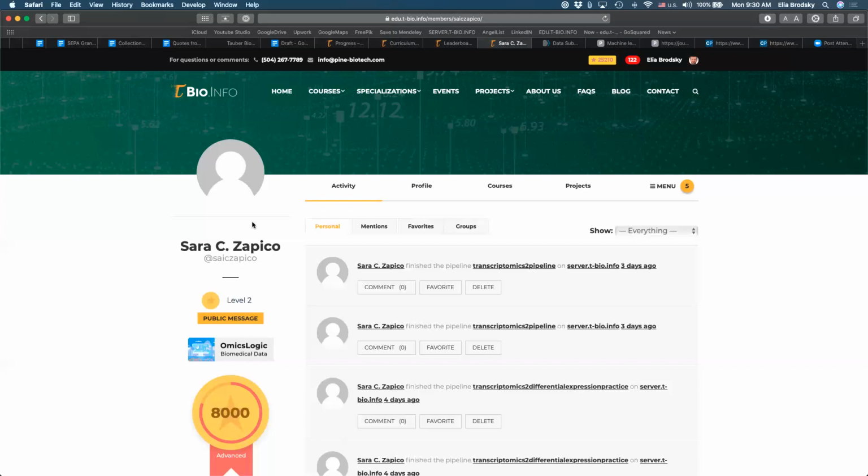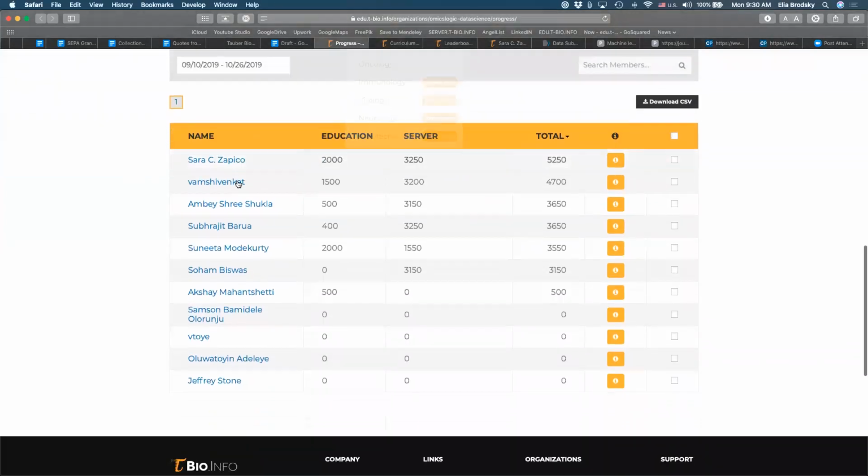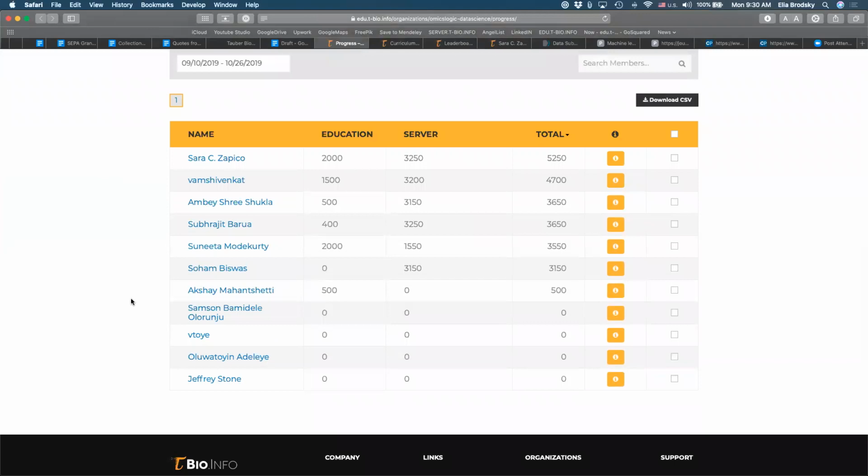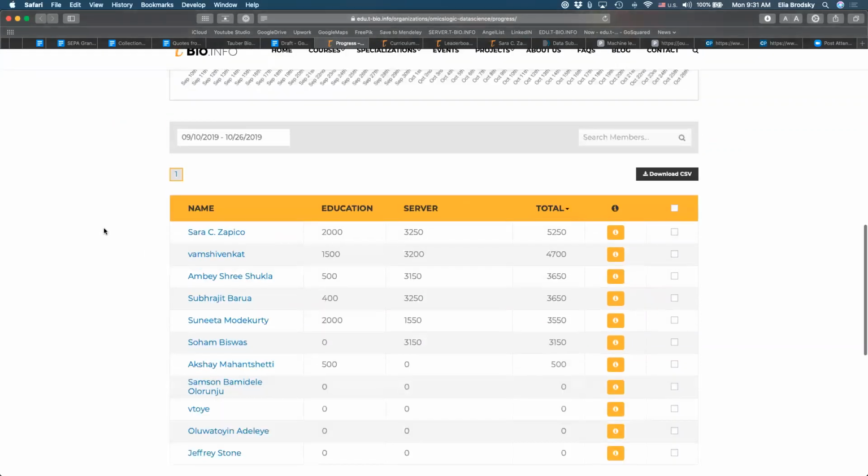Some people are going to be technically more advanced, so more able to process the data, analyze the data, integrate the data. And then somebody is going to be more knowledgeable or experienced with biological interpretation. We'll talk a little bit about all of these aspects, but I encourage all of you to take a look again at some of the participants of the program so you can connect with them and look at how advanced they are to see who you might want to reach out to.